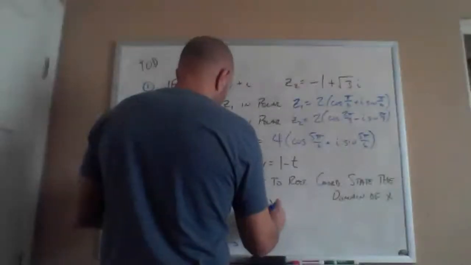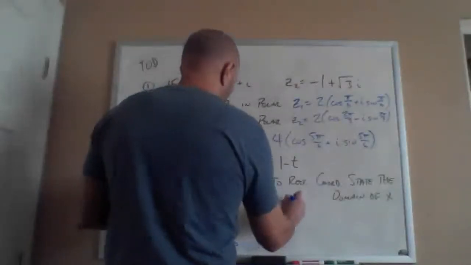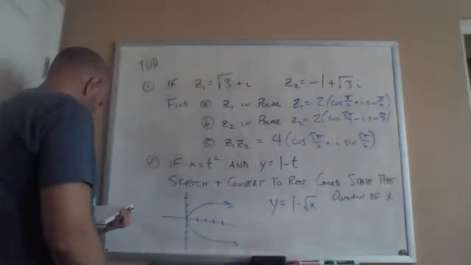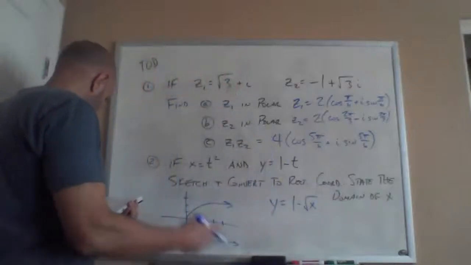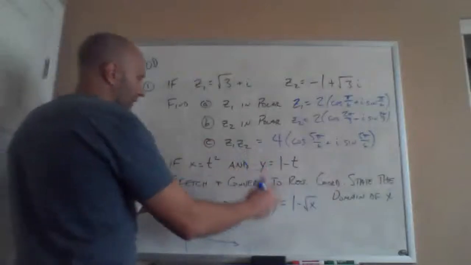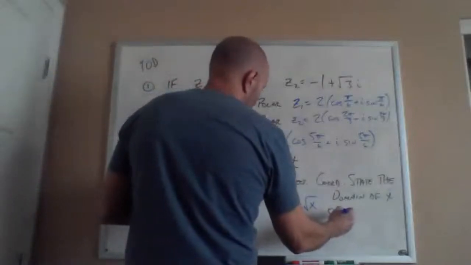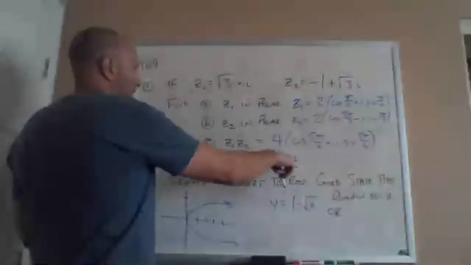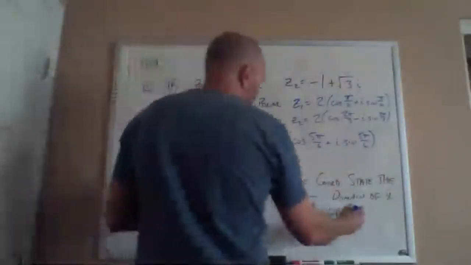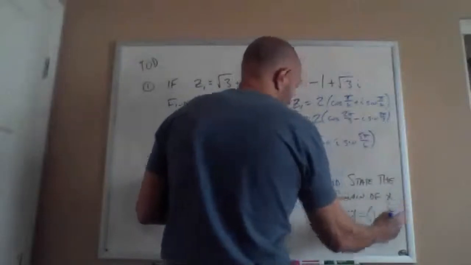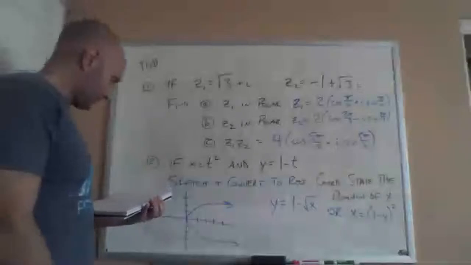When you convert the equation, y equals 1 minus x squared is one variation if you solve x for t and then plug that in. The other option is, if you move the t and the y, you get t is equal to 1 minus y, so x equals 1 minus y squared. Either formula would be acceptable.